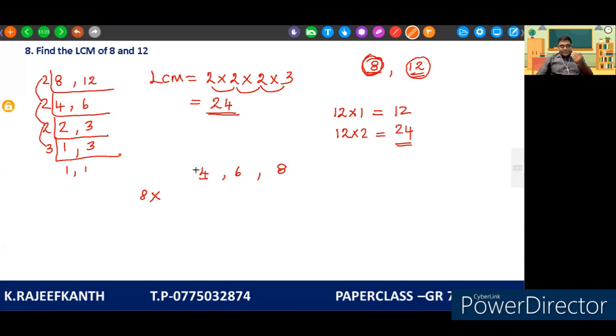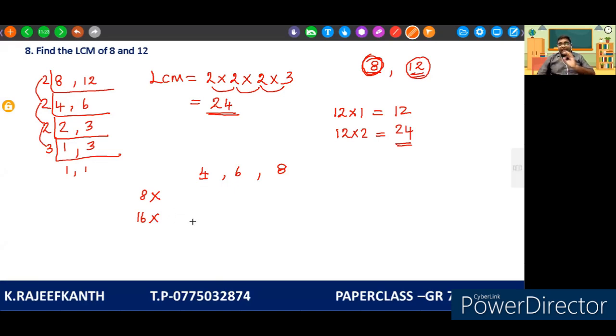So we have to divide that LCM by these 3 numbers, right? Here the first multiple of 8 is 8. We can't divide by 6. So 8 can't be the LCM for these 3 numbers. Then the second multiple of 8 is 16. So here 16 we can divide by 4, but we can't divide by 6.